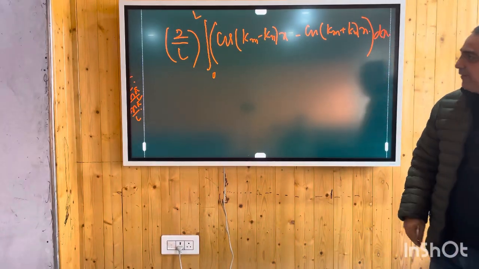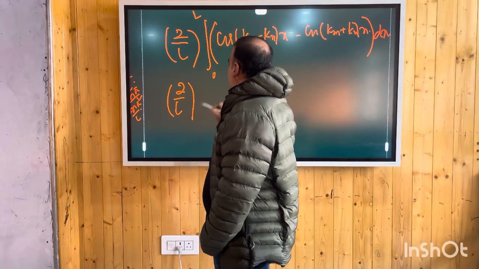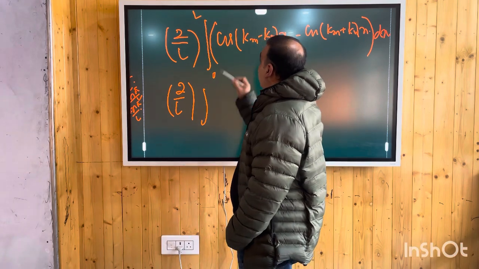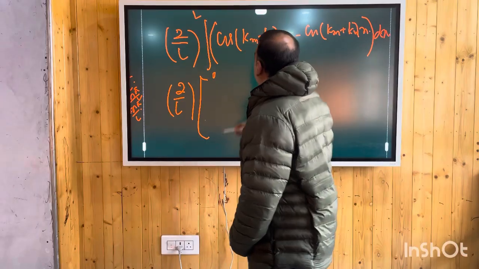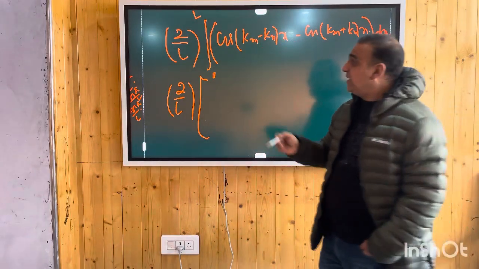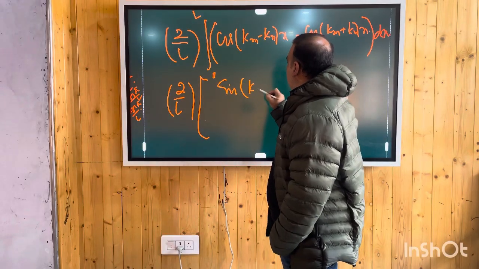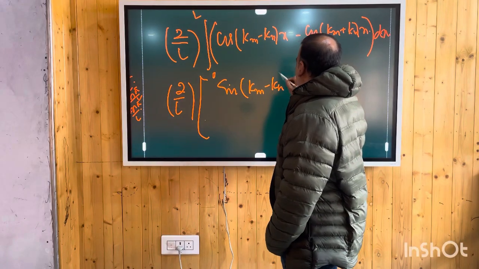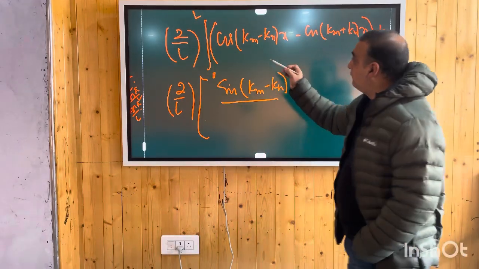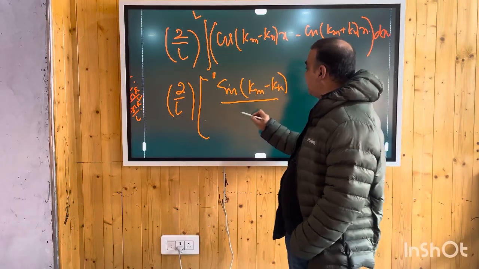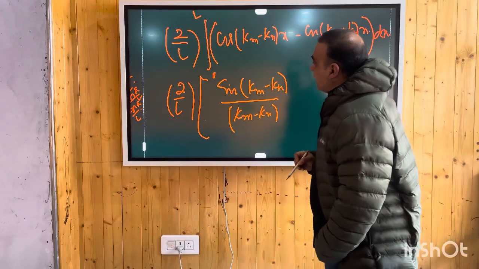So we have 2 by L out. We have not yet integrated it, so we can integrate it. Give me its integration. What will it be? Integration of cos is sine. So you will have sine of (k m minus k n) x divided by the internal derivative, which is k m minus k n.